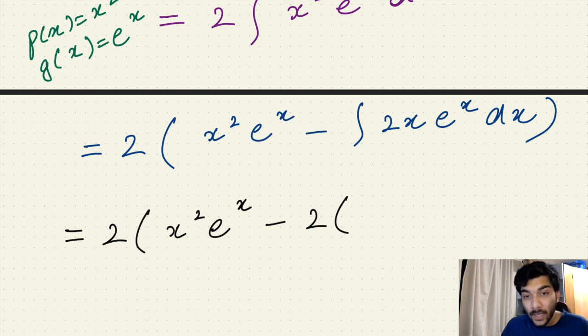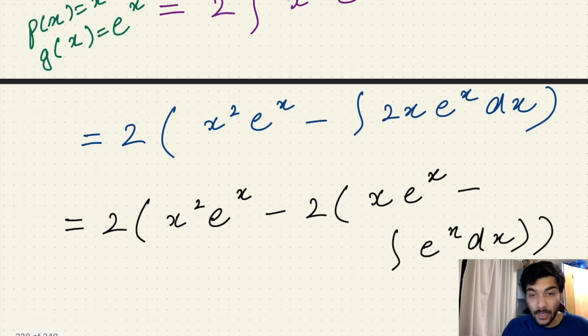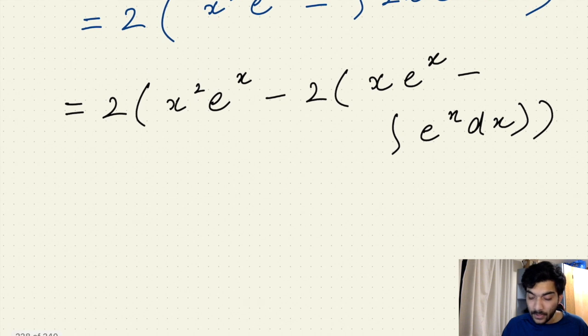I'm going over this quickly because we have already solved a similar type of question in the last video. So that is why I'm going over it quickly, because we already know how to solve this type of question from the last video. So this would be first function again as it is, second function integration minus differentiation of first, which is the derivative of x, which is 1, integration of second dx, and then once we get rid of all the integral expressions, we'll add the constant of integration at the last.